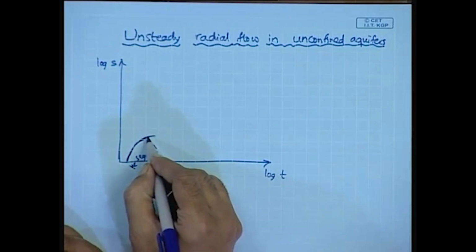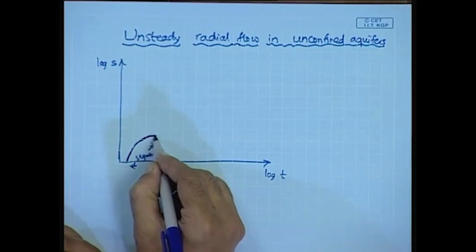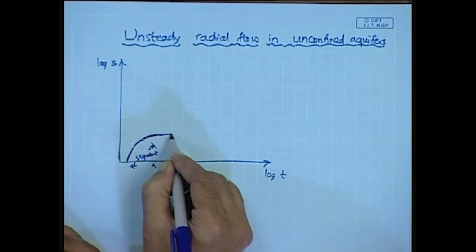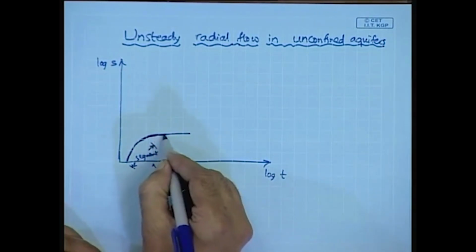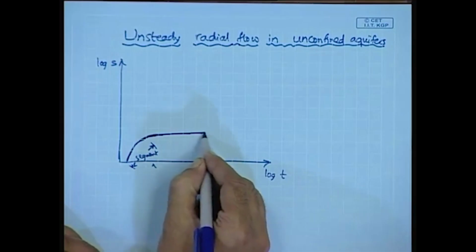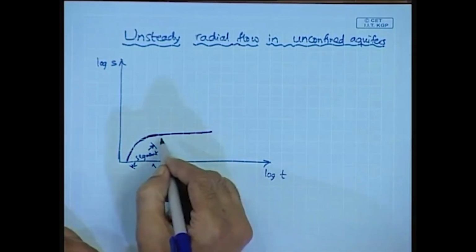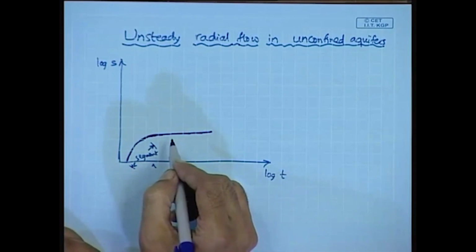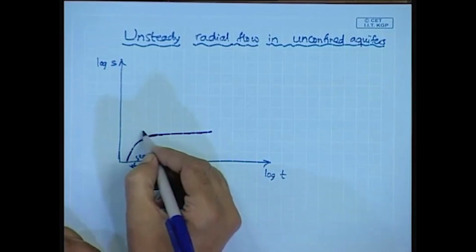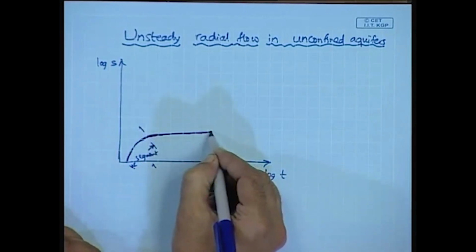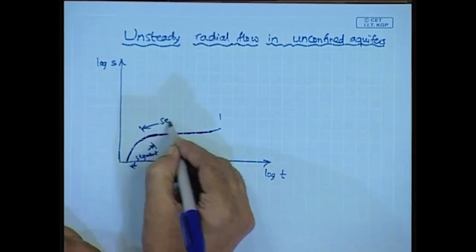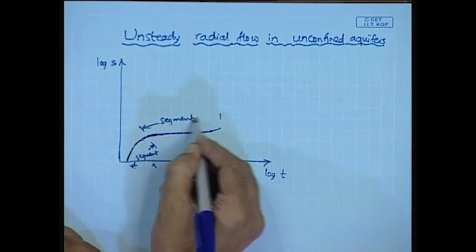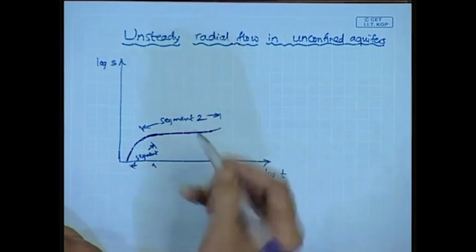Then what happens is, as time further increases, the drawdown will just marginally increase, and here we can denote this as segment 2 or stage 2.